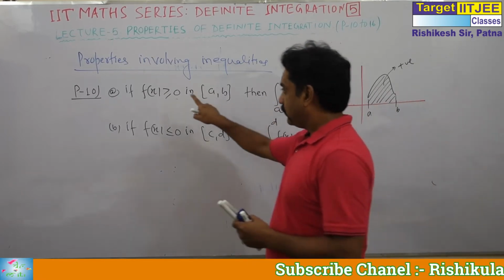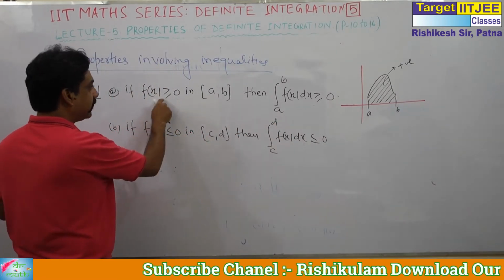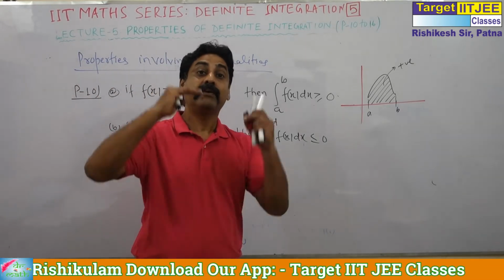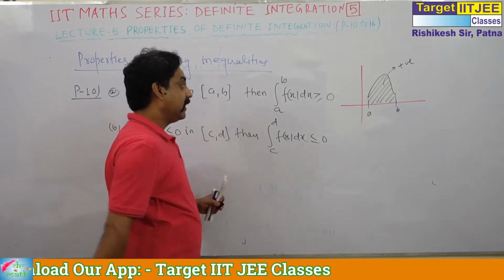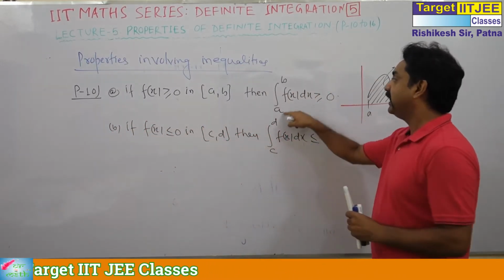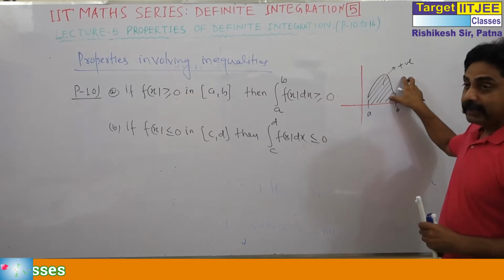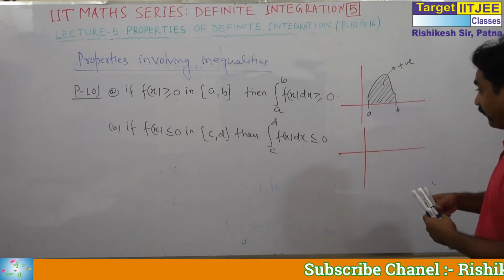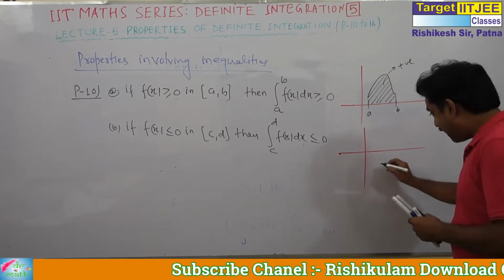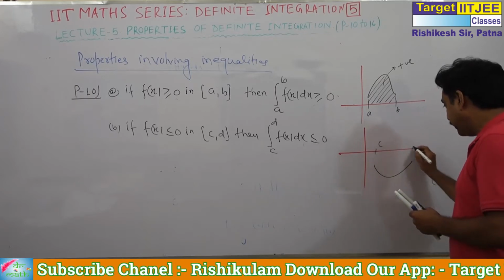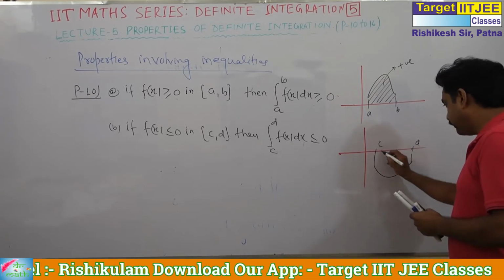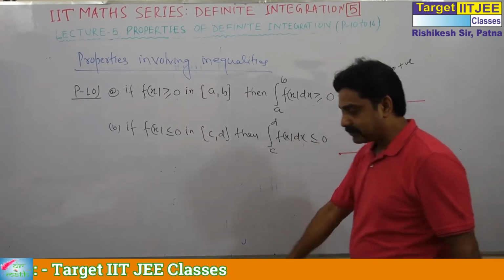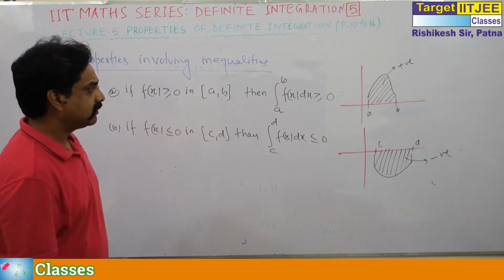So when the complete graph of f(x) lies above the x-axis in the interval a to b, and we integrate that function from a to b, its value will be positive. And at the same time, if the function lies below the x-axis in c to d, then if you integrate from c to d, being below the x-axis, this is negative. So this is a very simple property.